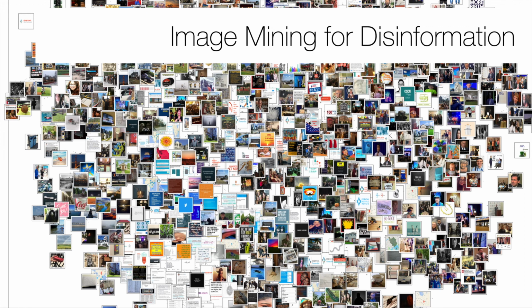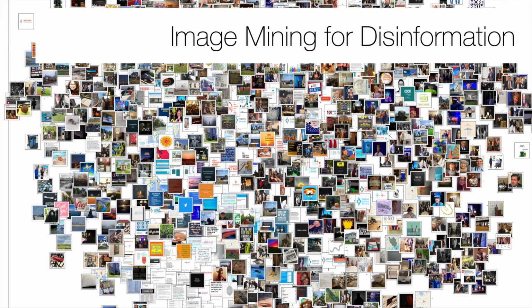I've mentioned over the course of the class that we can use the social media content presented by agents of disinformation campaigns, and we can learn something about how these campaigns operate. We can do the same kind of thing with image mining.